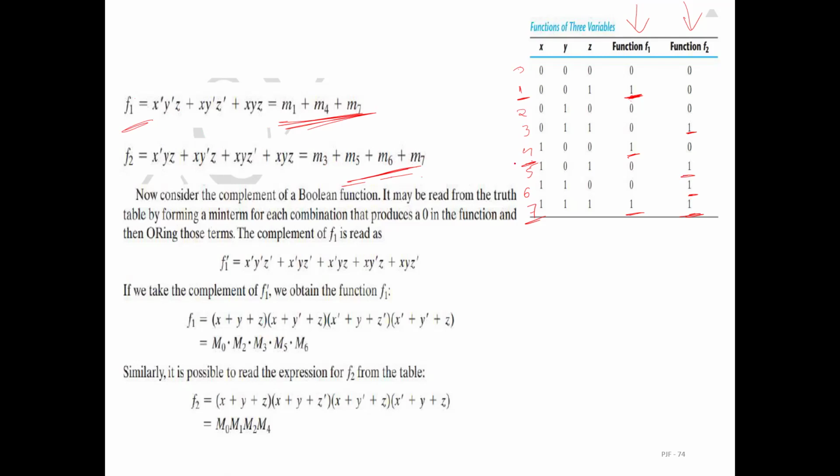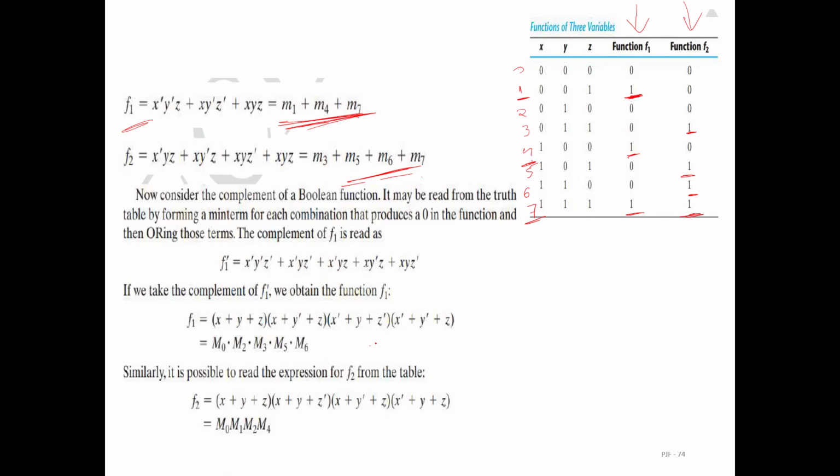Now to find the F1 complement, you can directly write the remaining terms. For F1, what is missing? Only 1, 4, 7 is present. Everything else is missing.